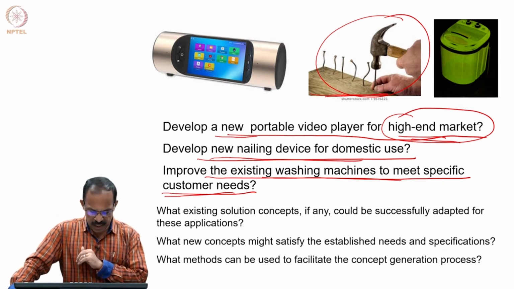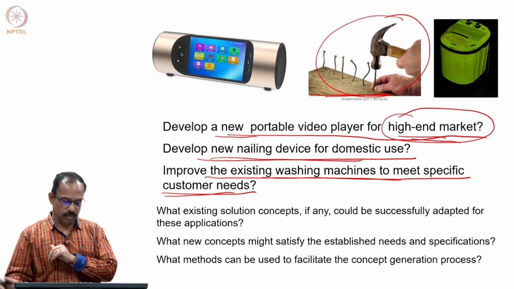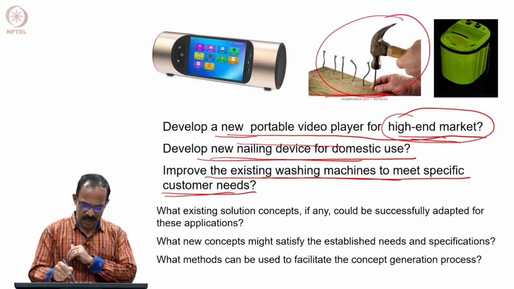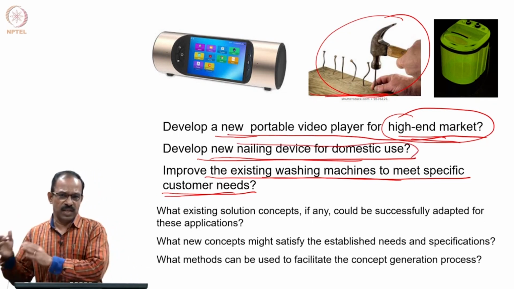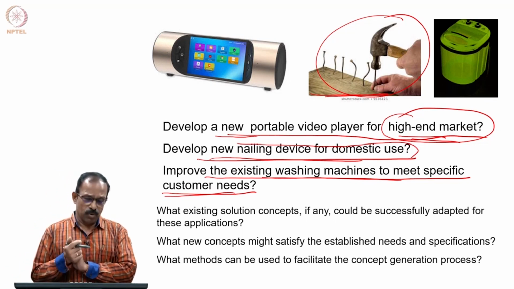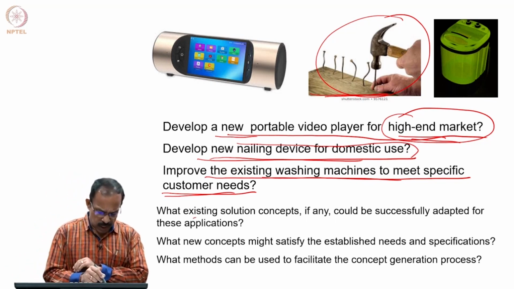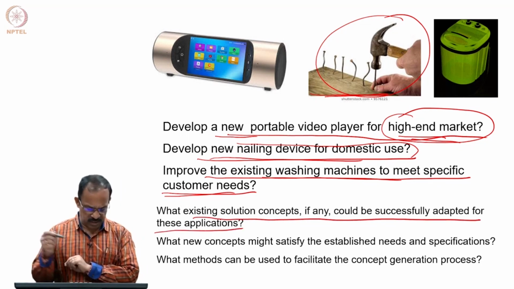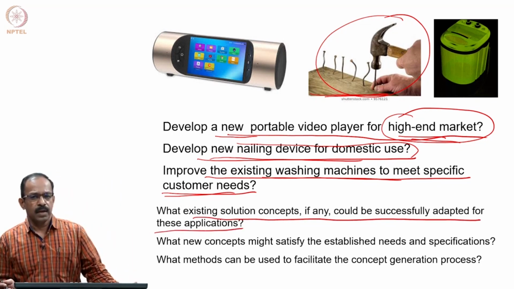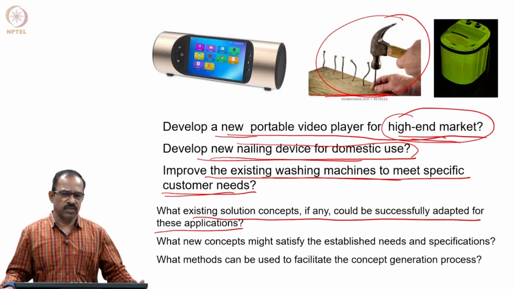So, now let us take this example of the nailing device and see how we can go from one stage to the next stage in the design process. But most of the time we need to look at what existing solution concepts, if any, could be successfully adapted for these applications. It is not that you need to have everything new, as I mentioned.